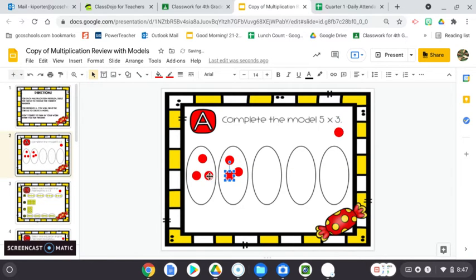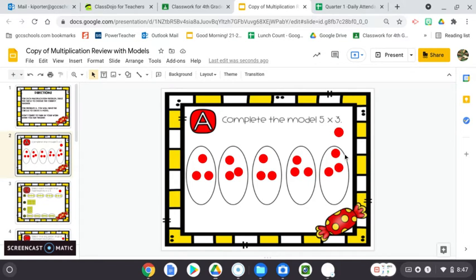So now we've got 1, 2, 3, 4, 5, 6, 7, 8, 9, 10, 11, 12, 13, 14, and 15. So you know that the answer for 5 times 3 is going to be 15, because if you look inside of all of these groups, there are 15 total once you put 3 in each group when you have 5 groups.